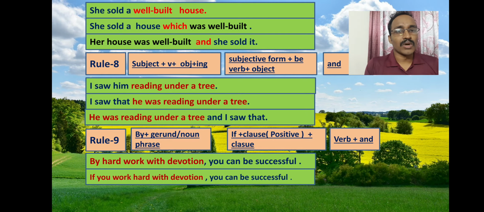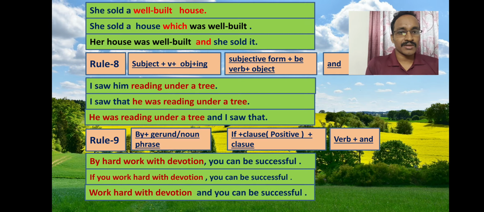So if you work hard with devotion, you can be successful. This is the complex sentence, and to make it compound we will omit if and we will use and in between the clauses. So what is the answer? Work hard with devotion and you can be successful.